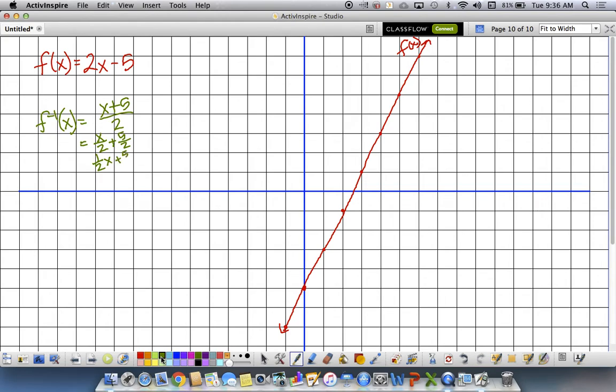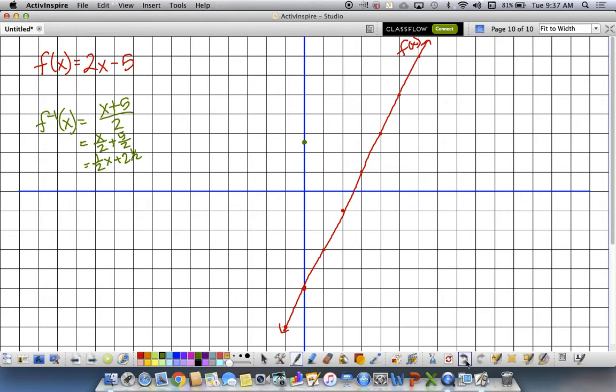My y-intercept, if it bothers you that it's 5 over 2, we can say that's really 2 1/2. Okay? So all of these equations are the exact same equations. The last one's a little easier to graph. So my y-intercept is a positive 2 1/2. Okay? My slope is 1/2.